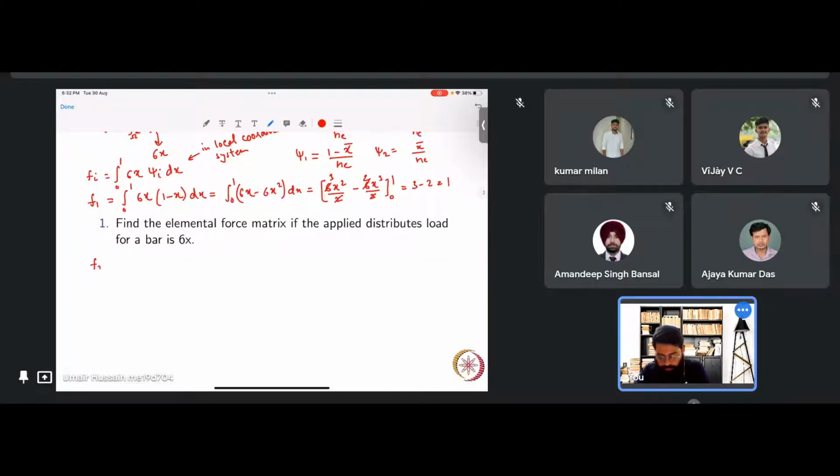For f2, we have 6x cube upon 3. We get 2. So our f would look like this for this specific term.